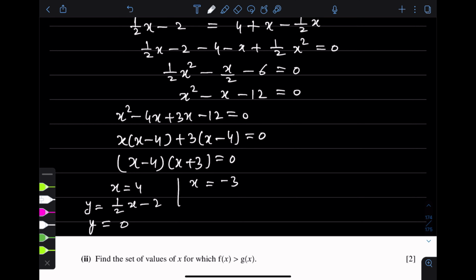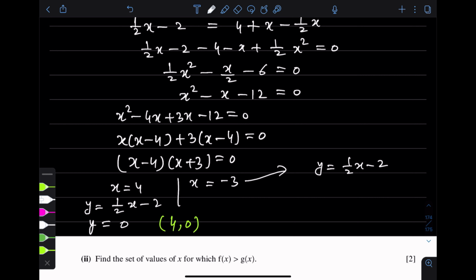So point of intersection is (4, 0). Similarly, putting this value of x in f(x), y is equal to 1 over 2x minus 2.